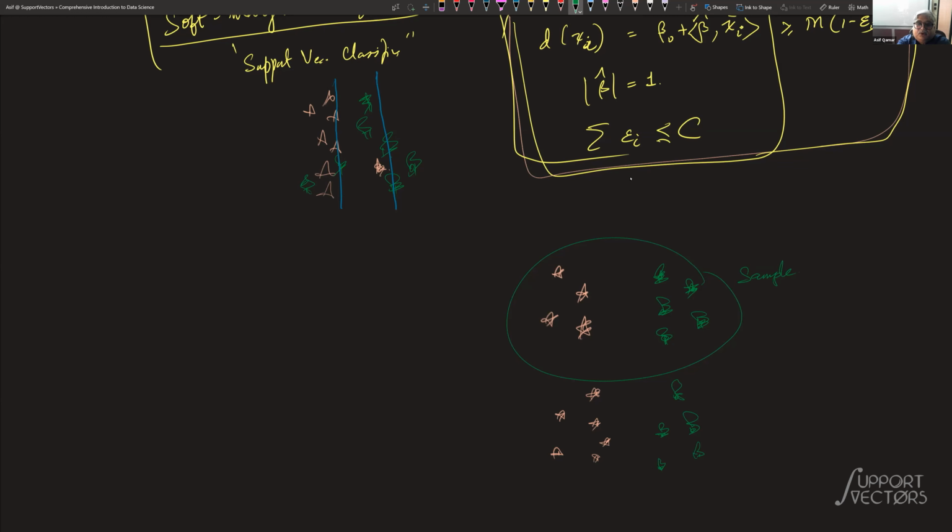Let's flow one decision, a blue margin, wide like this. But instead, if you had flown a pink margin like this, it would touch two points. Now obviously the blue has a wider margin than the pink one.